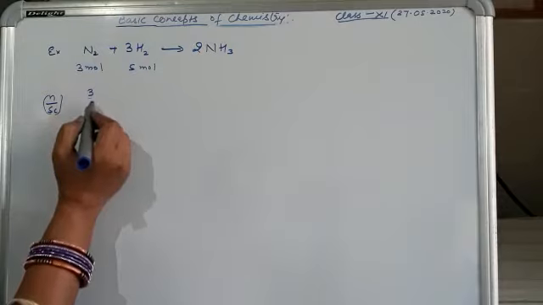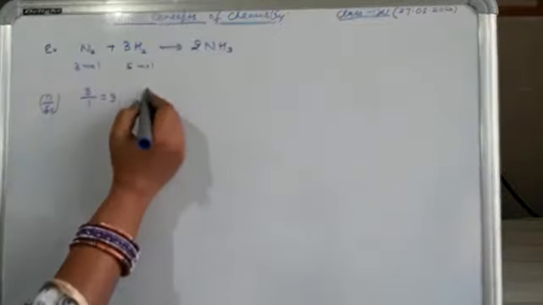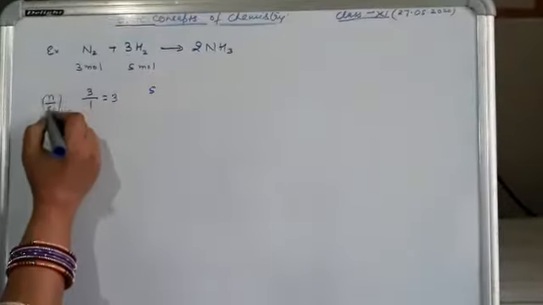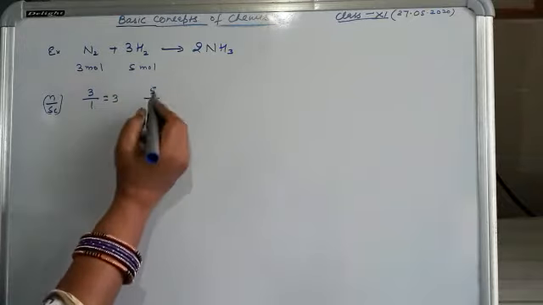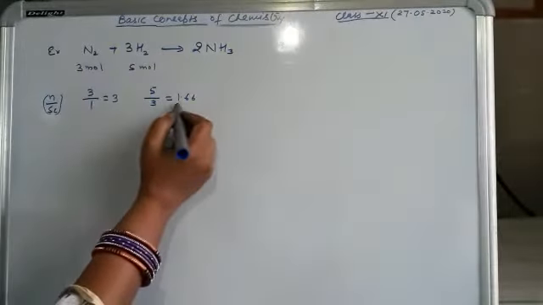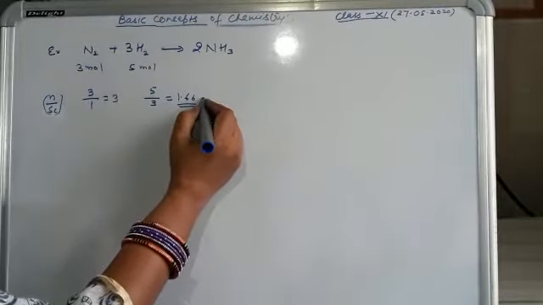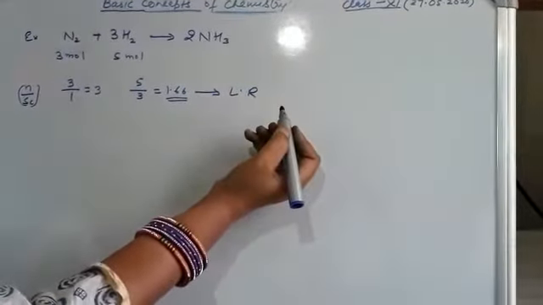For nitrogen, 3 moles and stoichiometric coefficient is 1, so the value comes 3. Here 5 moles by stoichiometric coefficient 3, so its value comes 1.66. Which one will be the lowest value? This one. So in this reaction, hydrogen is the limiting reagent.